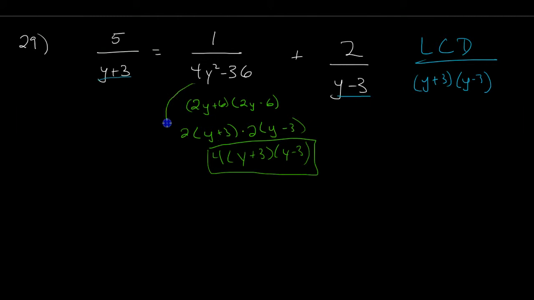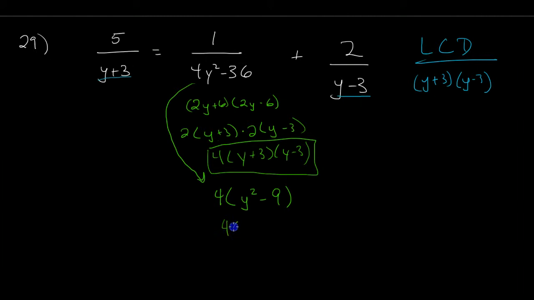But we can also skip right down here and say, well, I know that 4 goes into both 4 and 36. So if I take the 4 out on the outset, I have y squared minus 9. And I still have the difference of two squares.